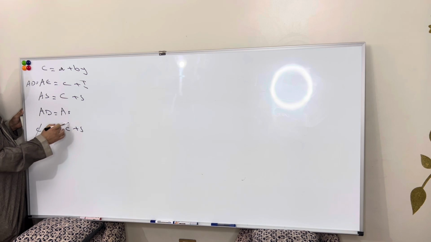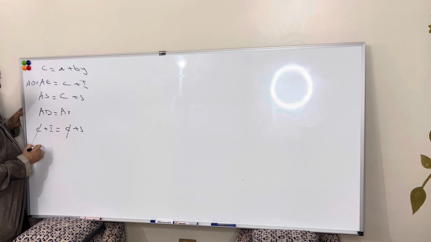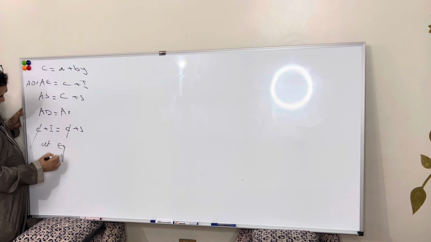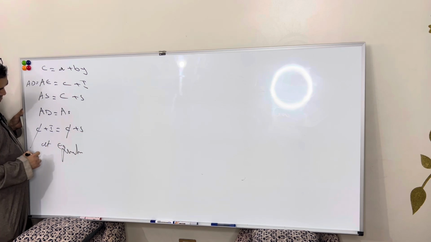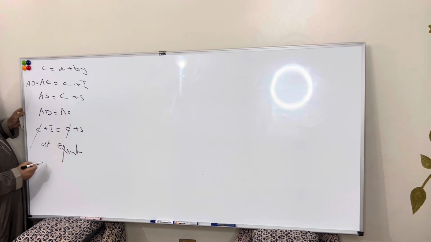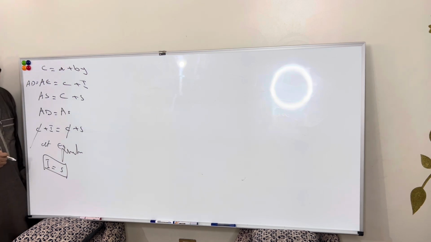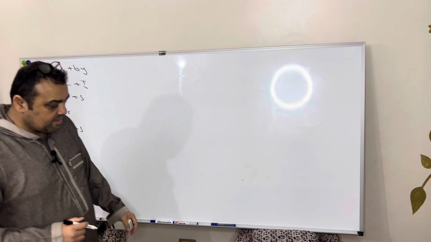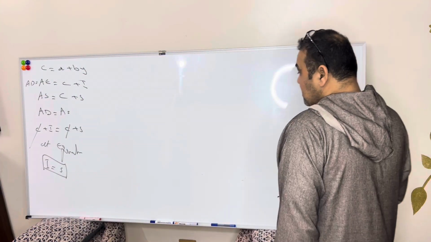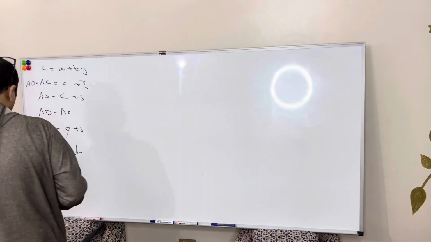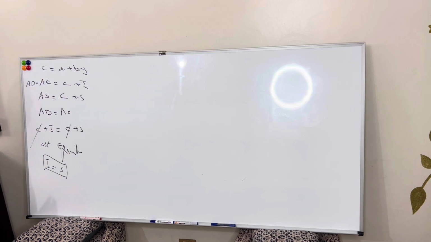So subtracting C from C, at equilibrium in the economy, I must equal saving. At equilibrium, investment equals saving.